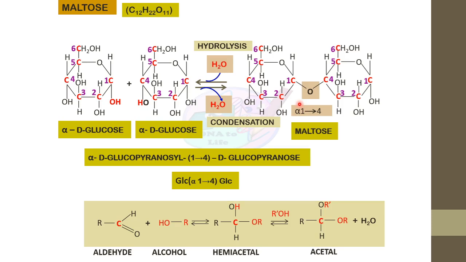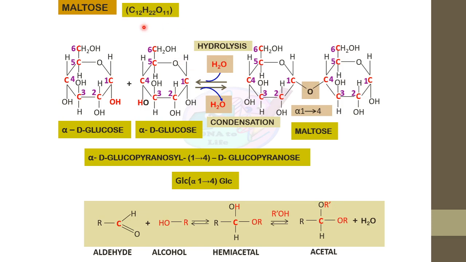This is called alpha 1,4. Here we are not mentioning alpha or beta because this carbon is not an anomeric carbon. So this is maltose, also called alpha D glucopyranosyl 1,4 D glucopyranose, and in short it can be written as Glc alpha 1,4 Glc.